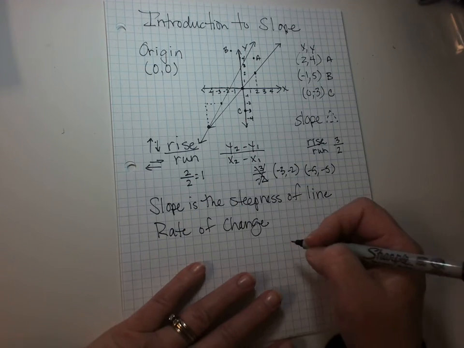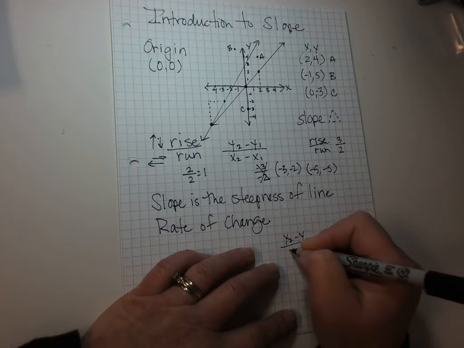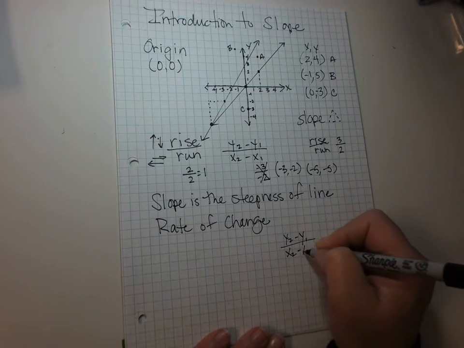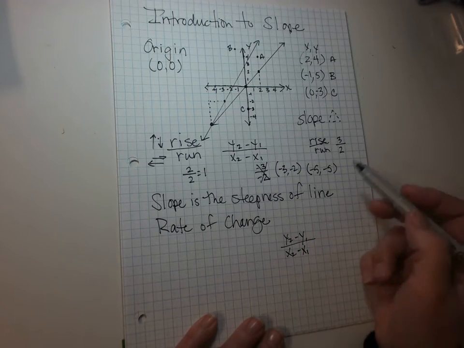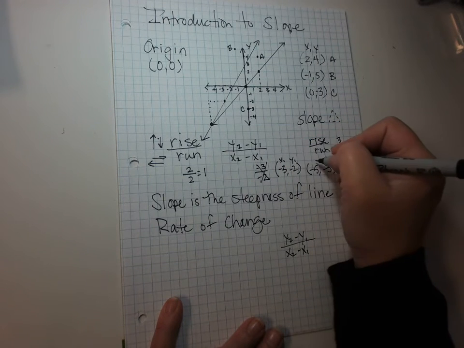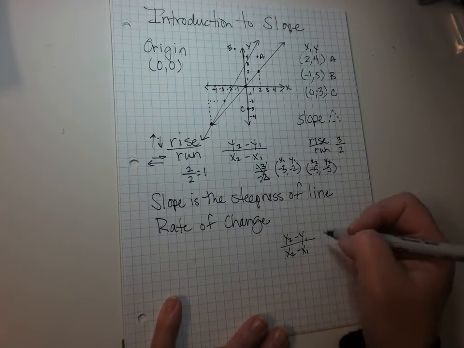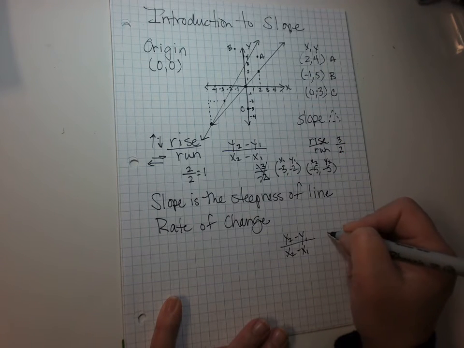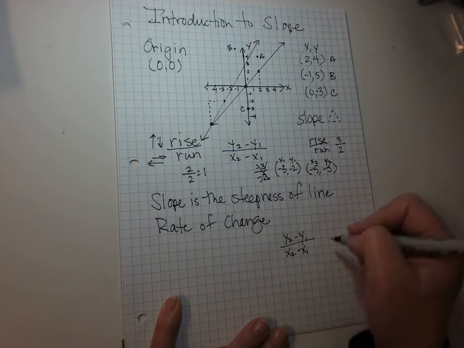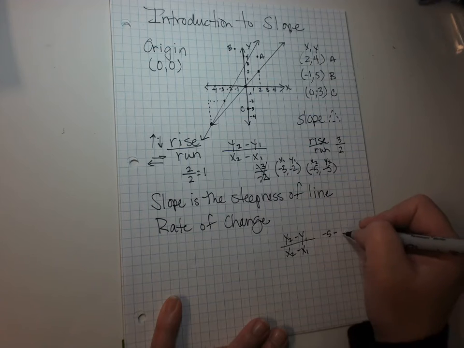So I'm going to do the y2 minus y1 over x2 minus x1, and I'm going to substitute these numbers. This is x1, y1. This is x2, y2. So I'm going to put in y2, which is -5, minus y1, which is -3.